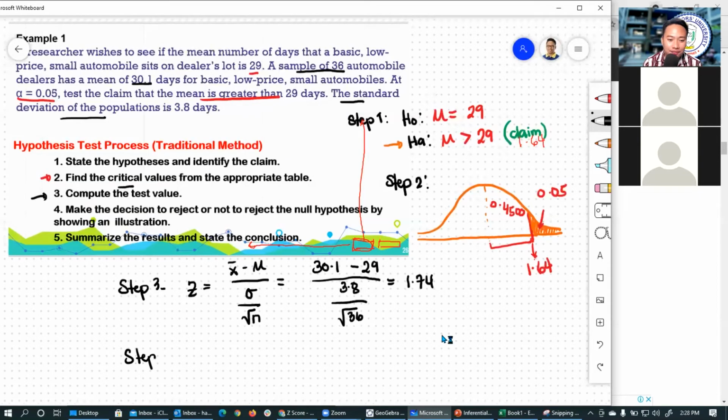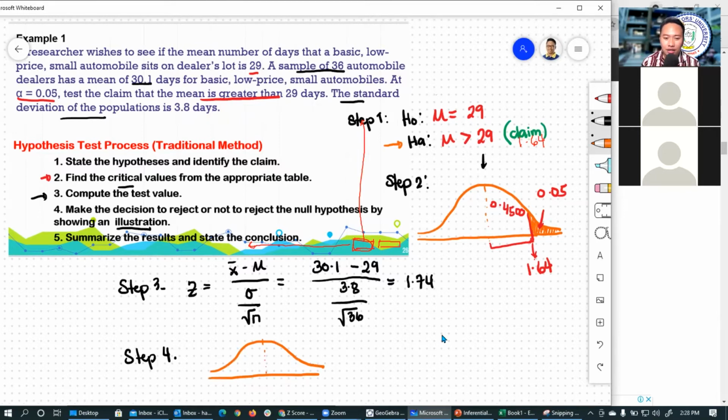Step 4. Make a decision to reject or not to reject the null hypothesis by showing the illustration. So the illustration that is meant by step 4, guys, is actually coming from step 2. So let me redraw the illustration that we have for step 2. There.